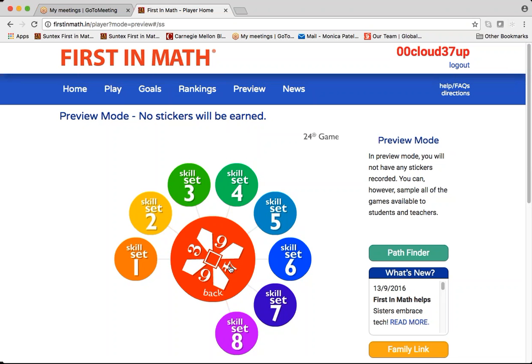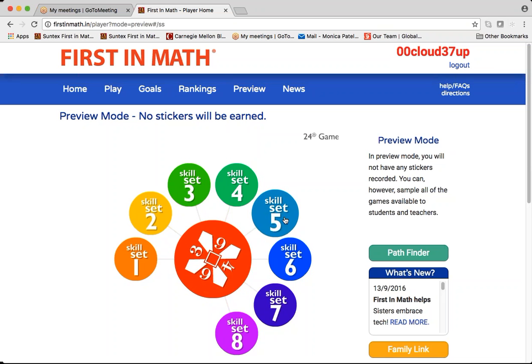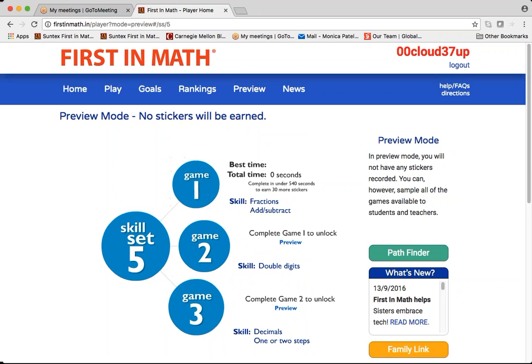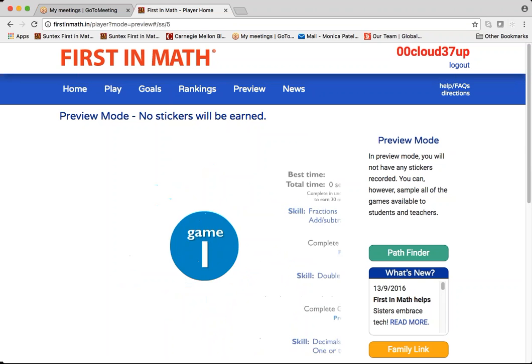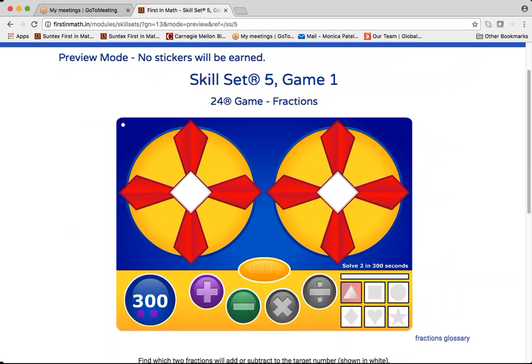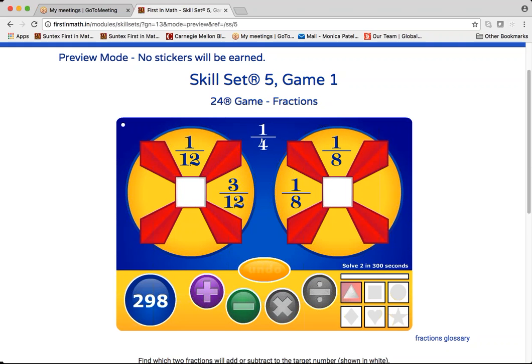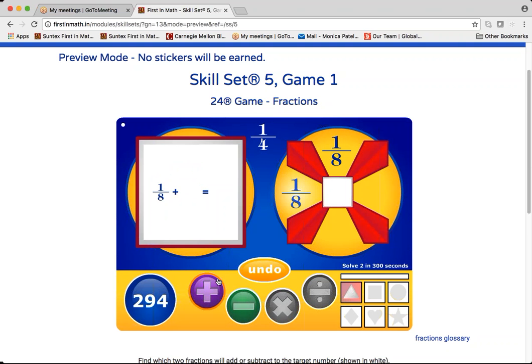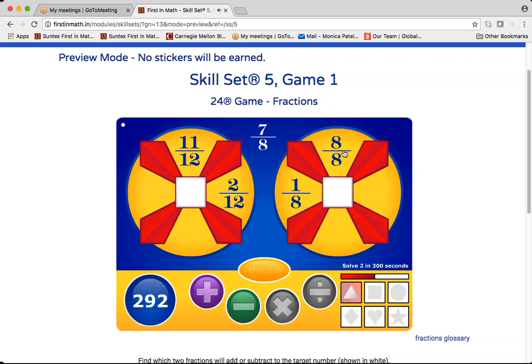The reason I say diagnostic, this is a great placement tool also. What if I have a student who's entered 5th standard? If in the beginning of 5th standard, they're going to struggle with this game, or they likely may not be able to even clear this game, then in that case, this student may not be ready for 5th standard.